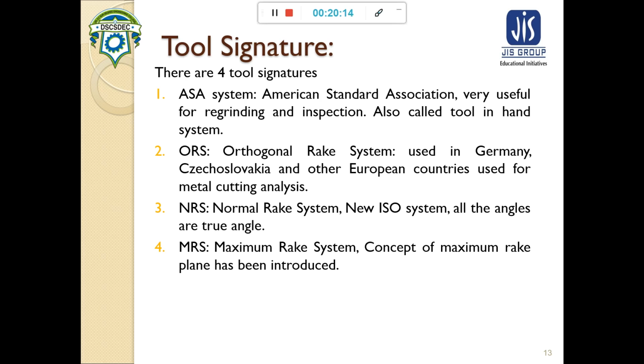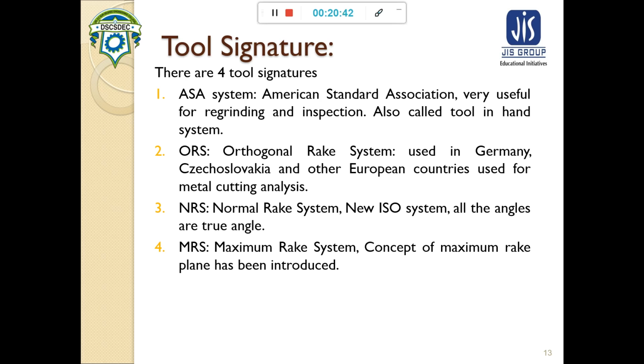This is mainly used for analysis of metal cutting. So the ASA system is not suitable for the analysis of metal cutting, but it can be used for regrinding and inspection, while the ORS system can be used in case of metal cutting analysis.